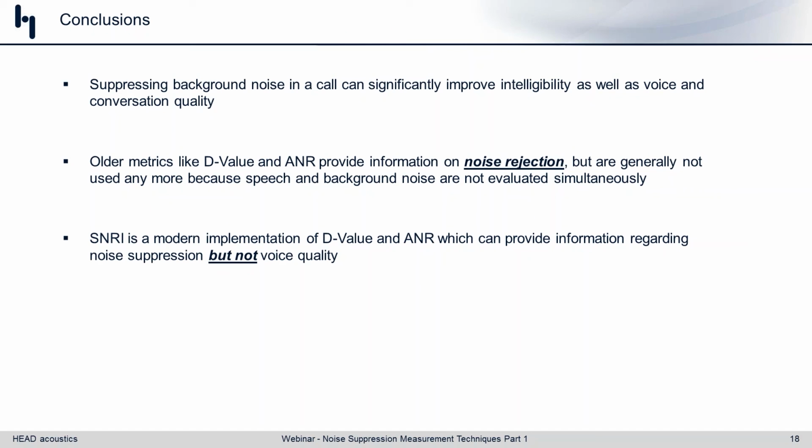And we do have a couple metrics that used to be very good, so the D-value and the ANR, but I think today it maybe dawns on everybody that there's probably a good reason why we don't use them so much anymore. They are not as applicable today. Modern devices can fairly easily ace those tests and those parameters. And then we talked about signal to noise ratio, which is the big evolution from ITU over D-value and ANR.